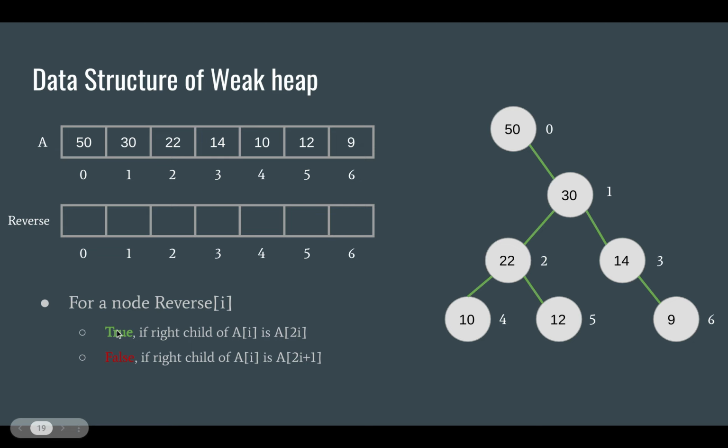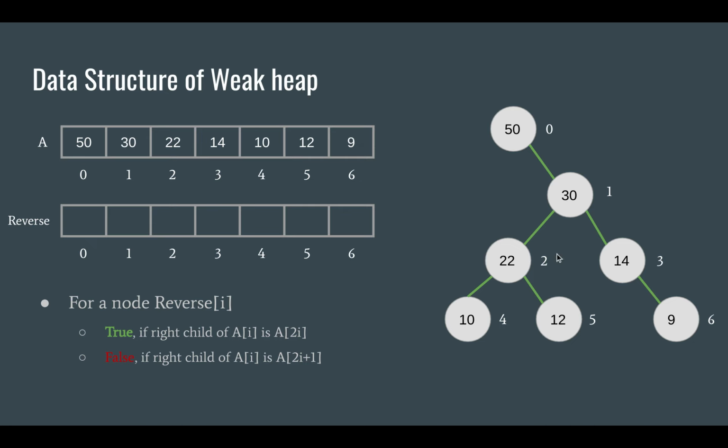For every index, it will be true if the right child of a of i is a of 2i, and it will be false if the right child of a of i is a of 2i plus 1.